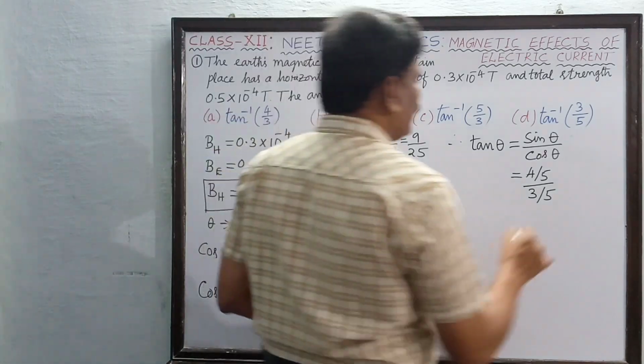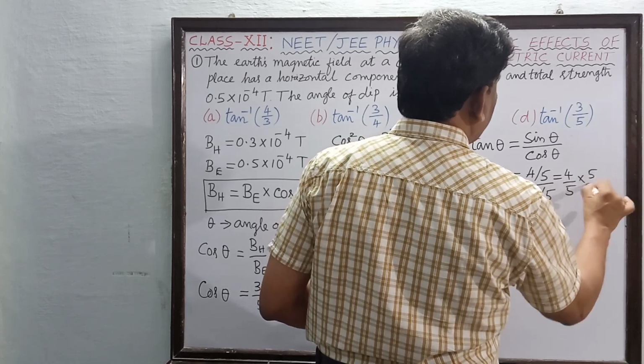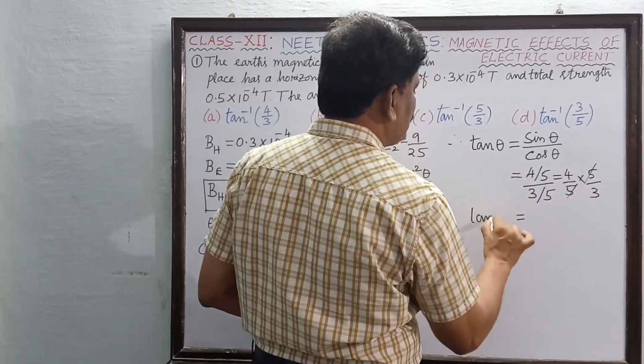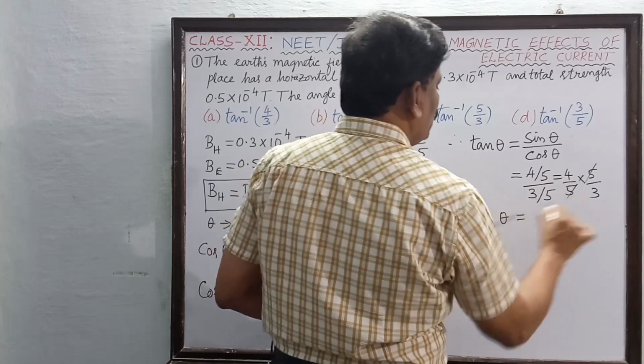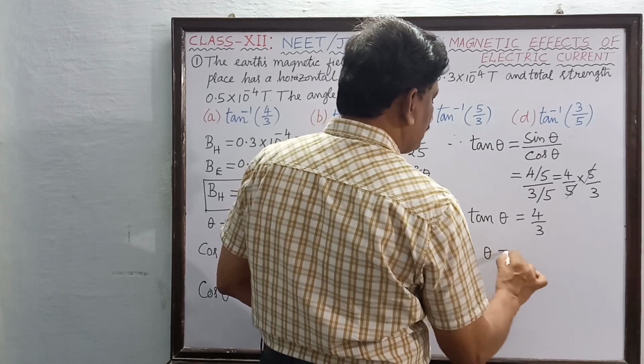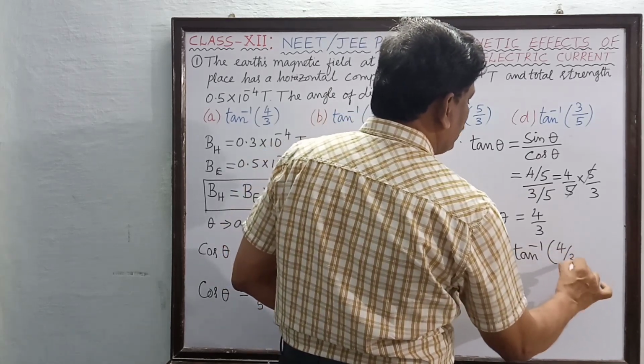So this 5 gets cancelled. This is equal to 4 by 5 into 5 by 3. So 5 gets cancelled, therefore tan θ is now equal to 4 by 3. Therefore θ is now equal to tan inverse of 4 by 3.